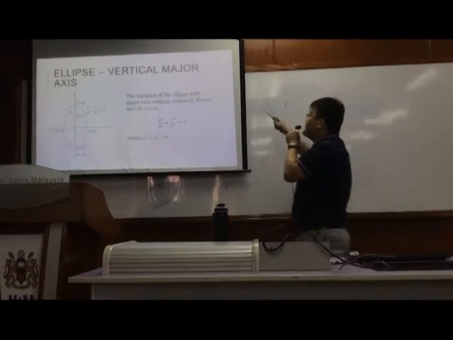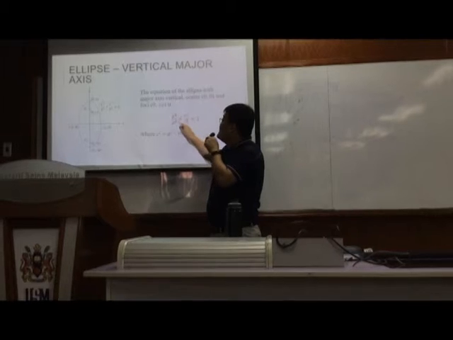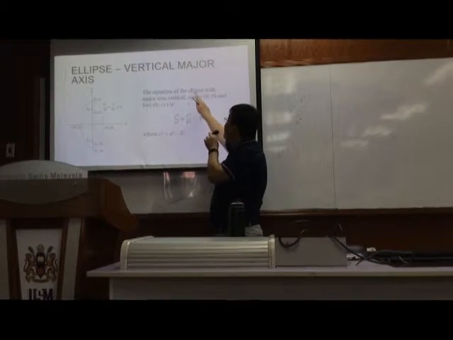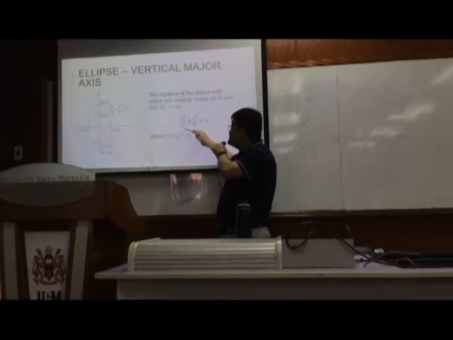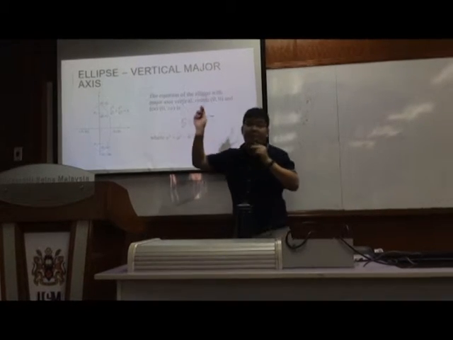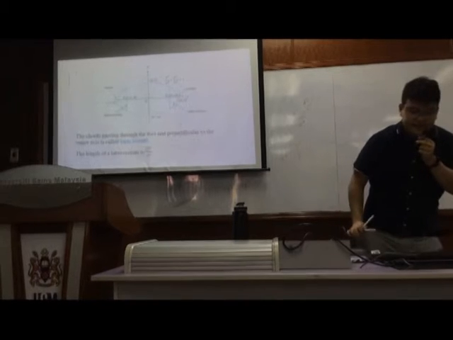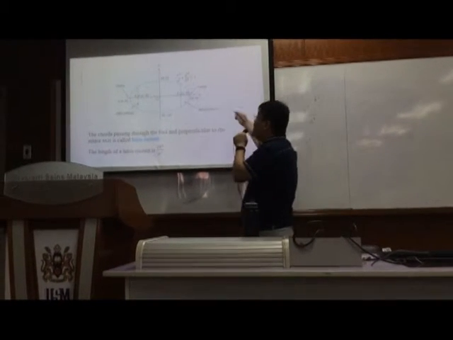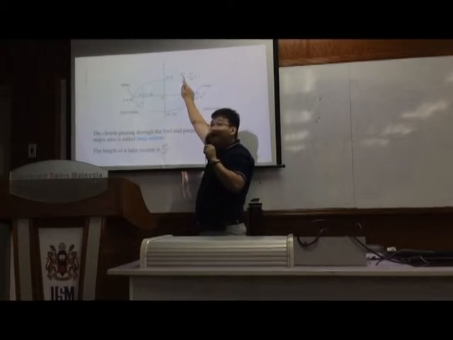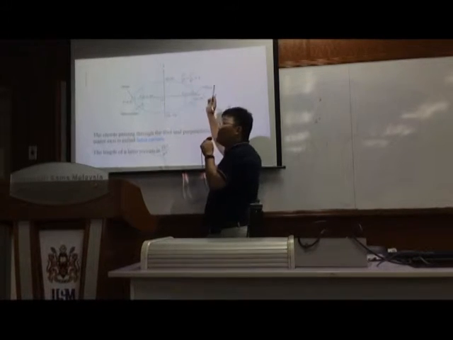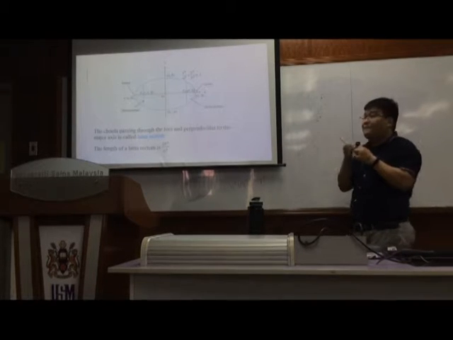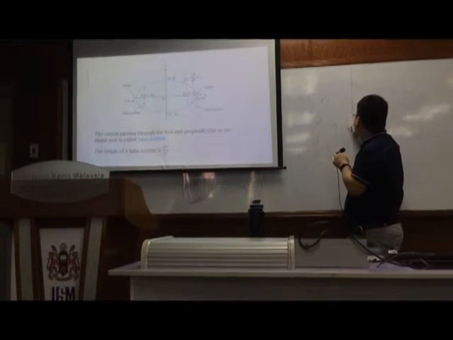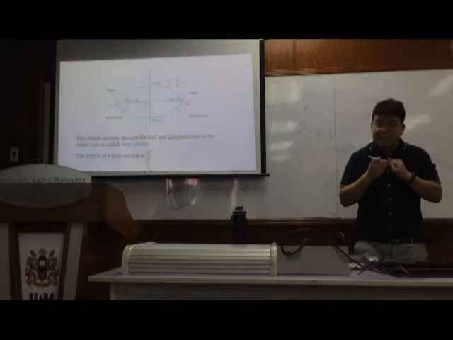Observe from here that a squared is under y squared, whereas from just now, for the horizontal major axis, a squared is under x squared. And one point you have to know is that a is always greater than b.